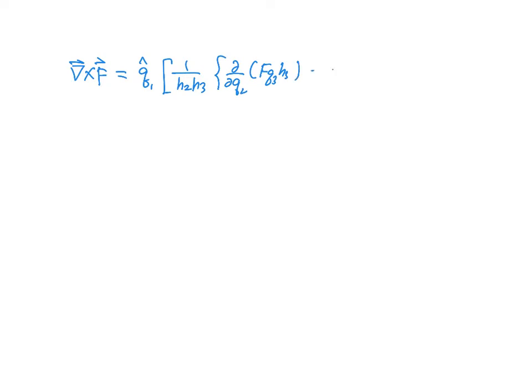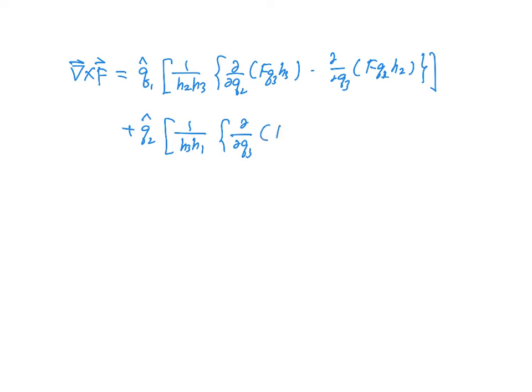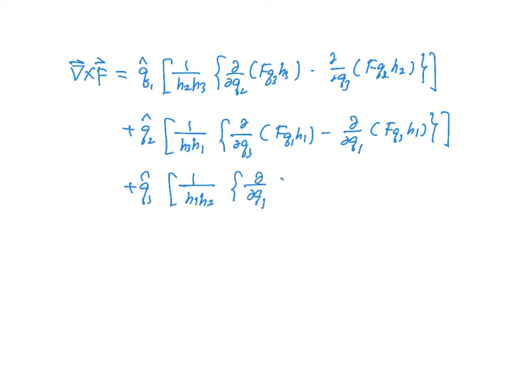Minus partial Q3, partial FQ1, FQ2, H2 plus Q2, H3, H1, partial Q3, partial FQ1, H1 minus partial Q1, partial FQ3, H1 plus Q3, H1, H2, partial Q1, partial FQ2, H2 minus partial Q2, partial FQ1, H1.